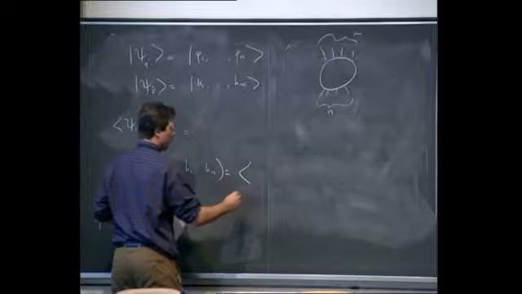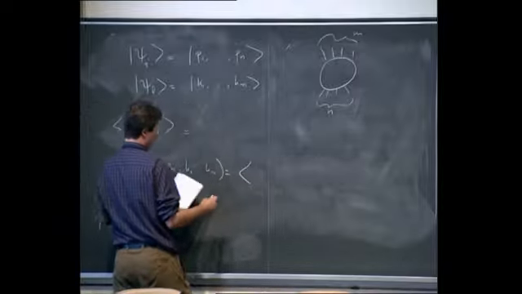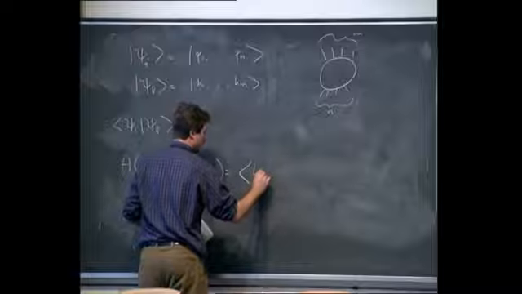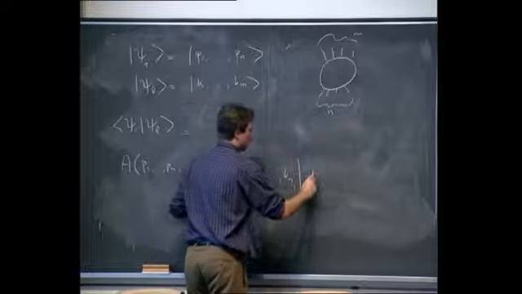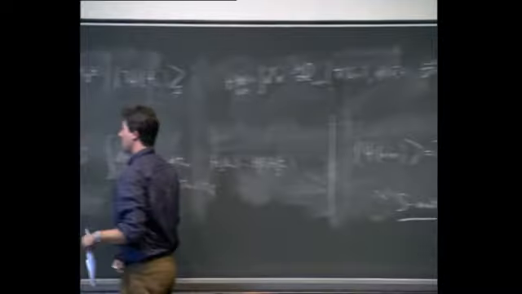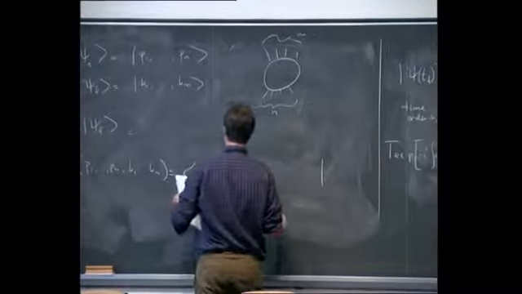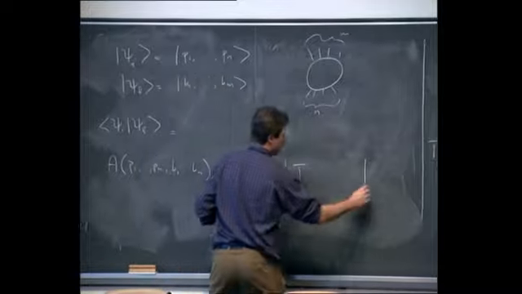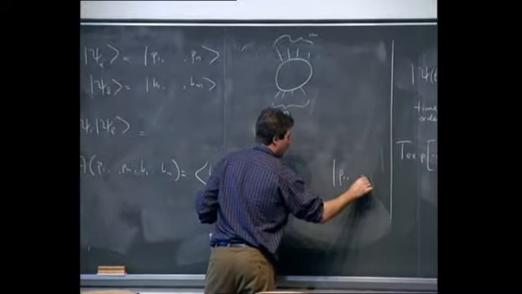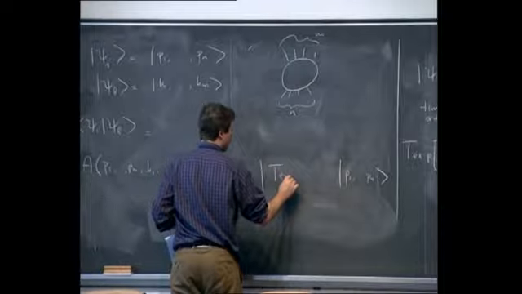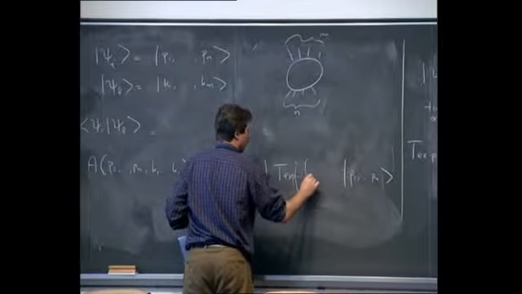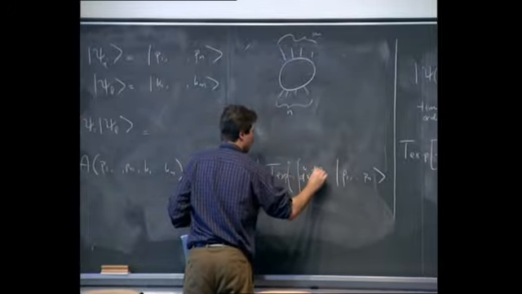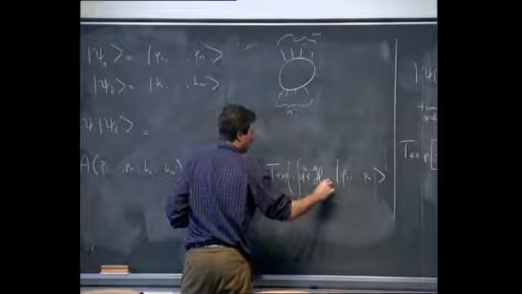This amplitude can be evaluated by taking these states and writing down precisely that operator which I have over here in between those two states. So I have the final state and the initial state, p1 up to pn. And then I have the time-ordered exponential of minus i, the integral over four-space of this interaction Hamiltonian.